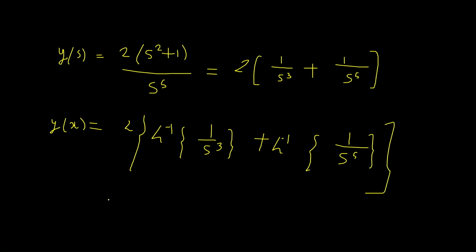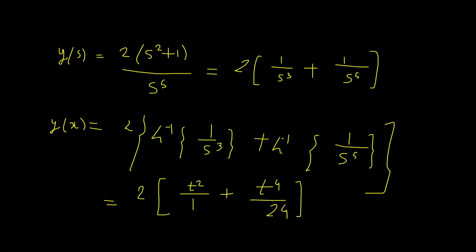Using inverse Laplace transform properties, we can write it as t square divided by gamma 3, which is 2, plus t to the power 4 divided by gamma 5, which is 24.